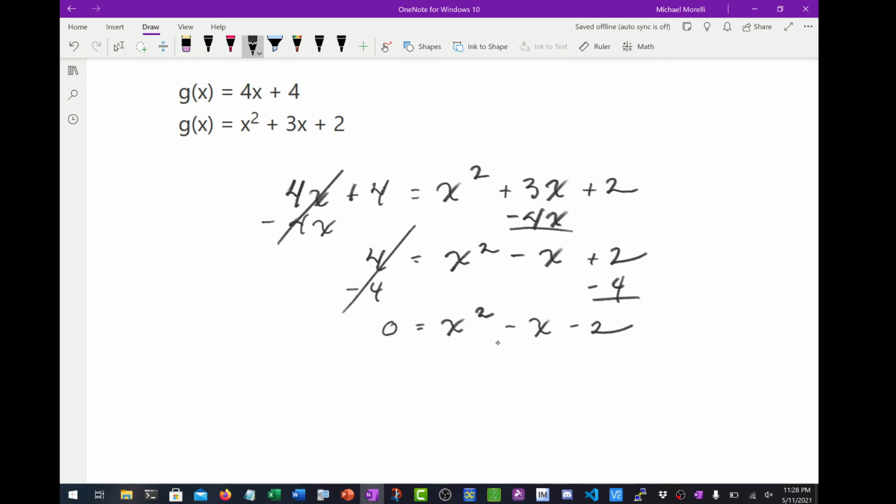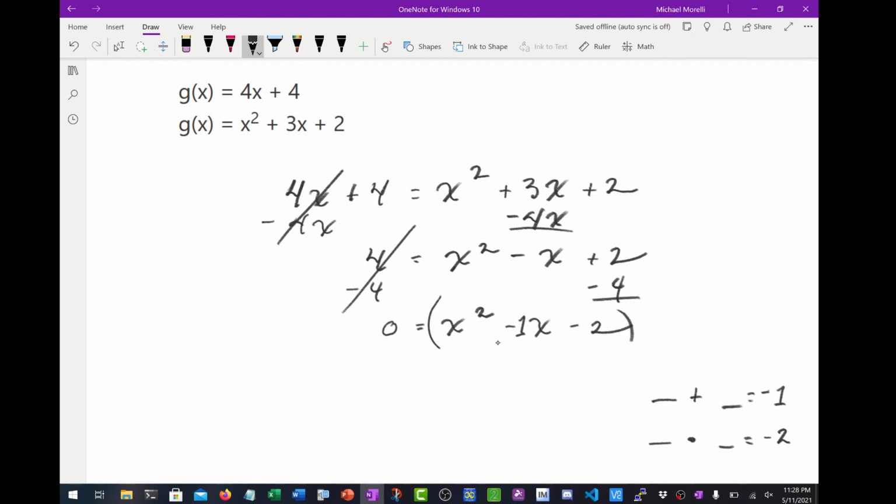Now I want to factor this quadratic right here. So I need two numbers that add to equal -1, that's that middle term. And those same two numbers need to multiply to equal -2.